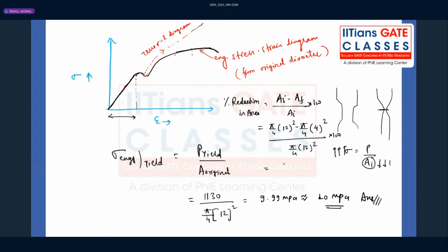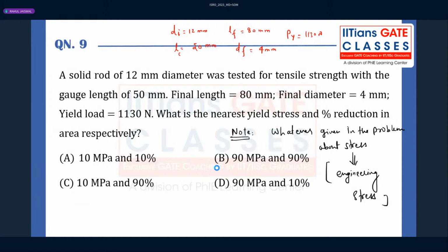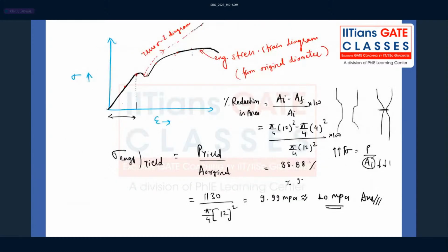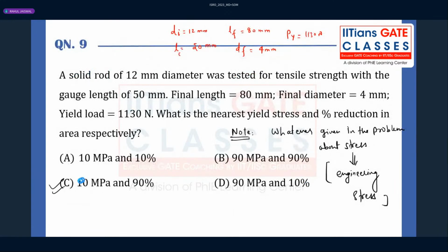When you do that, you will get 88.88 percent, so approximately 90 percent we can say. That means 10 and 90. Option C is correct.